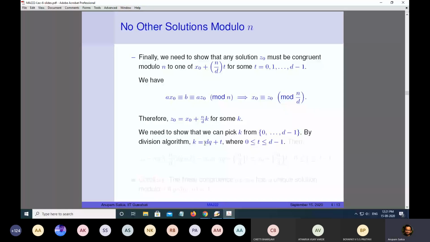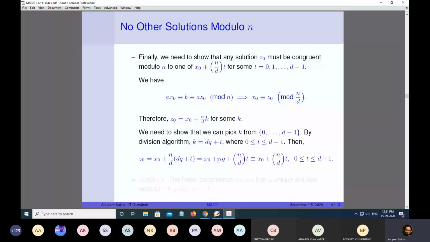Then what is my z0? z0 is x0 plus n by d times k, and I replace k by this, so that this in fact cancels out d and d. So I get x0 plus some multiple of n plus n by d times t. Now this nq I can ignore modulo n, because this is 0 mod n.